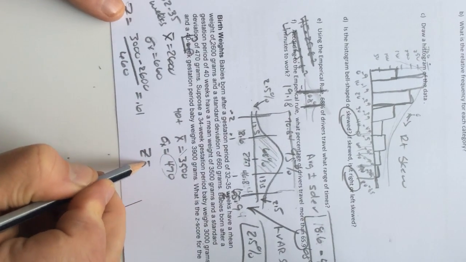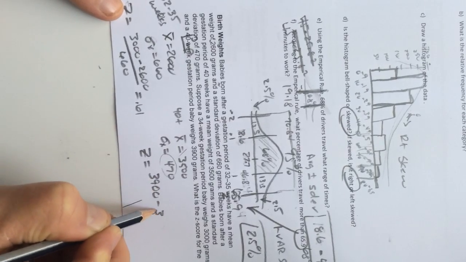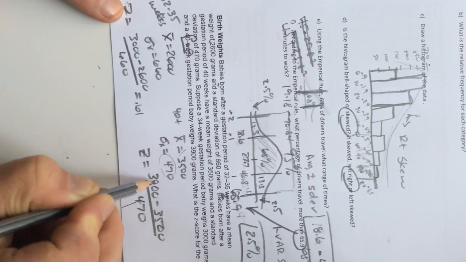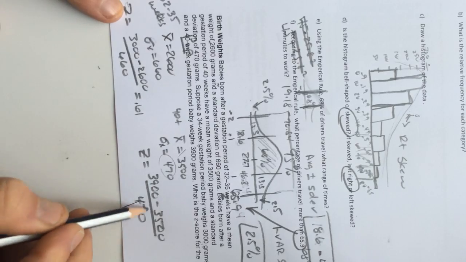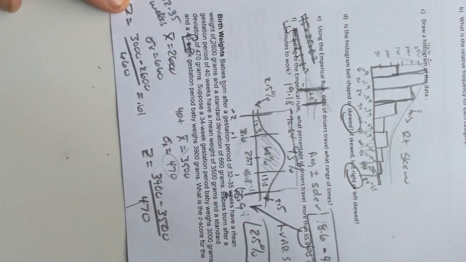And then this one, it's what they're talking about, 3,900 minus the average, 3,500, divided by the standard deviation. So the top is 400 again. See, both babies were over by 400, but this spread is different. So that z-score is 0.85.